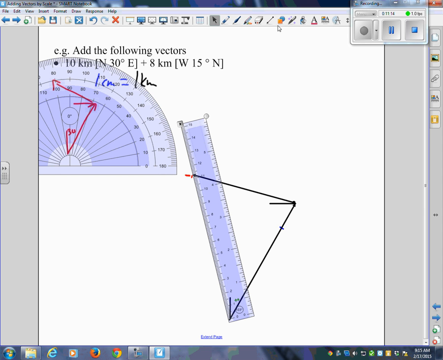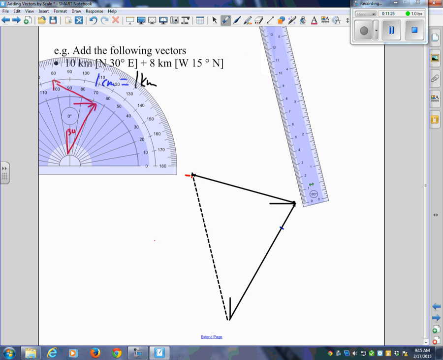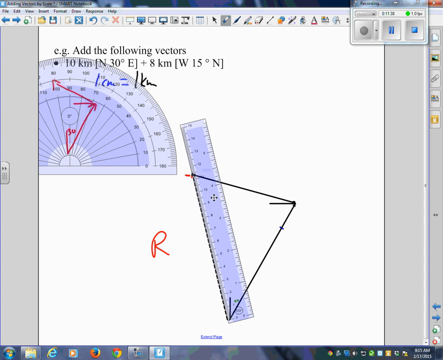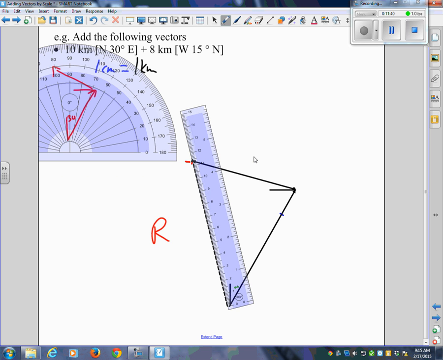I'll put mine with the dotted line here, like so. And you should label that with an R. How do I find out what the answer is? You have to actually measure it. I get like 11.5 centimeters, which is 11.5 kilometers. Again, you can be plus or minus 3 millimeters out.